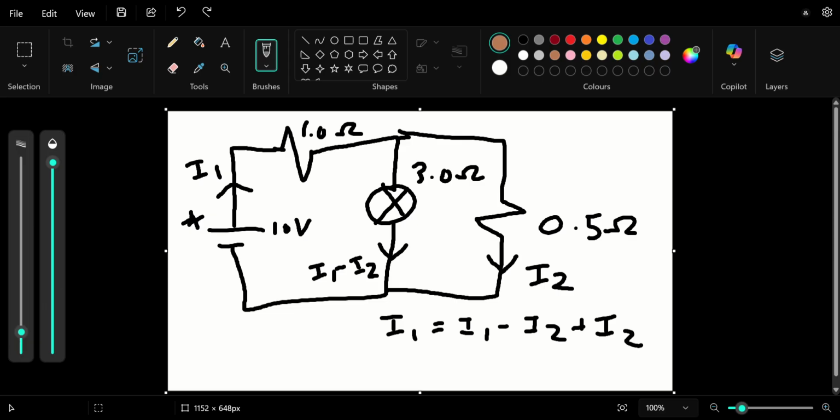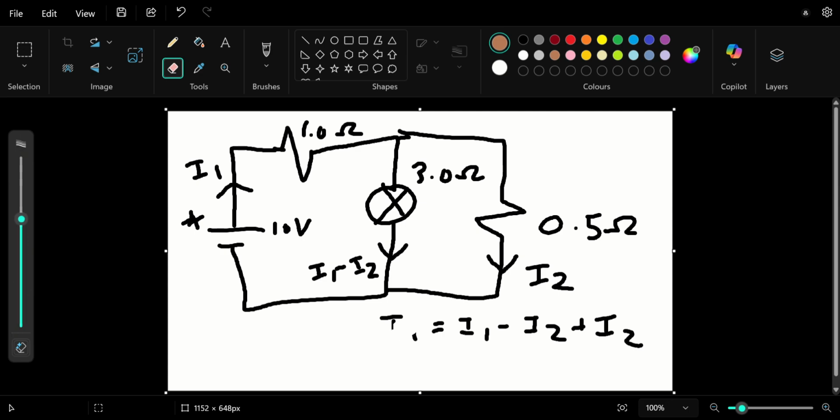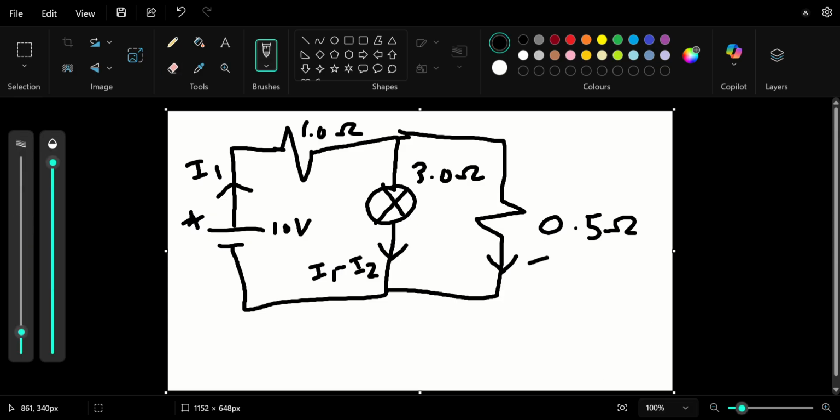So now let's get to solving the problem. Let me just make some space. There we go. Starting with loop A, and we'll eventually work our way to loop B. We're going to be starting from the power source, so that's plus 10 volts.